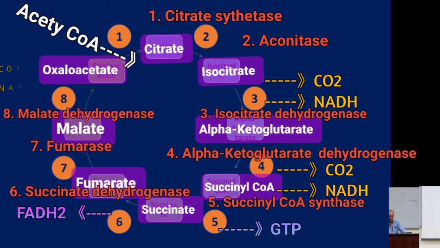So pay attention to all of these orange molecules and purple, really this one is purple, but the 3 NADHs, 1 GTP, and 1 FADH2. So each time you oxidize an acetyl-CoA through the TCA cycle, you produce these high energy molecules: 3 NADHs, 1 FADH2, and 1 GTP.